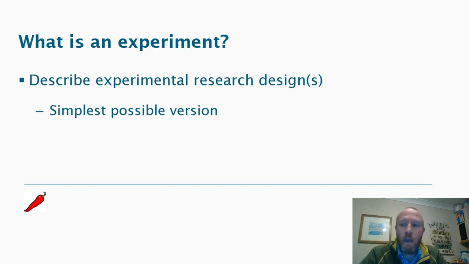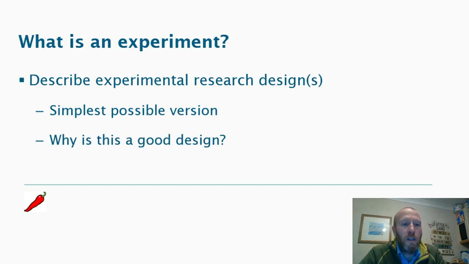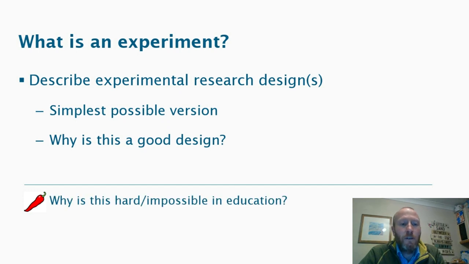And you might want to be thinking about things like variables here. What's the simplest possible version, and why is this a good design? And if that's easy, then you could ask yourself, why is this hard or perhaps impossible to do in education? So pause the presentation and have a think about this. Jot some notes down if you want.